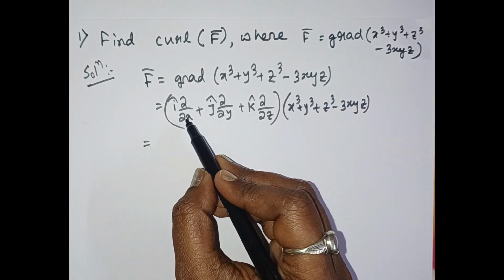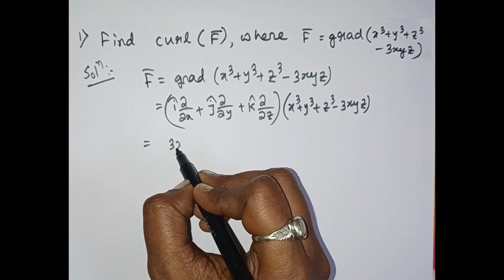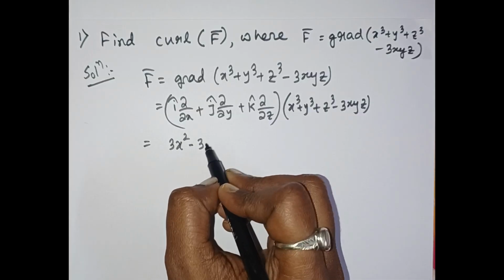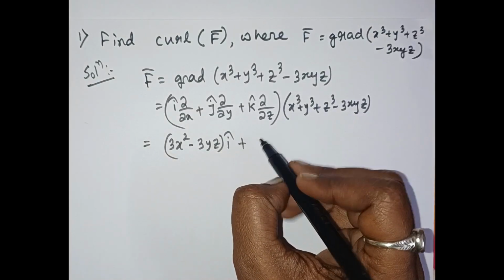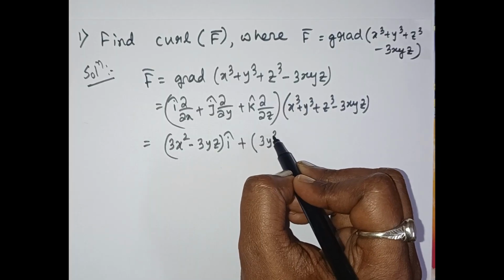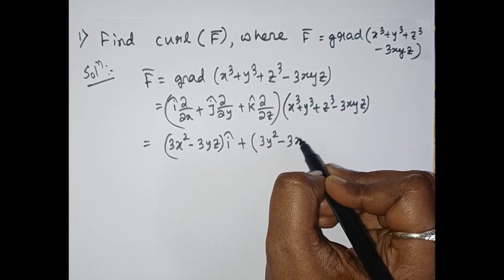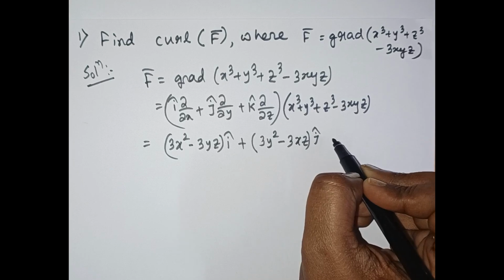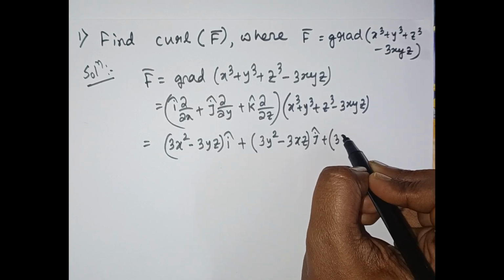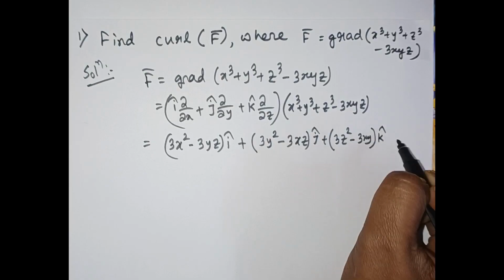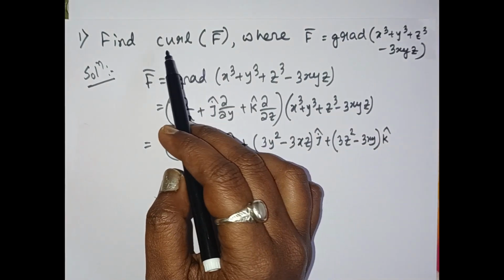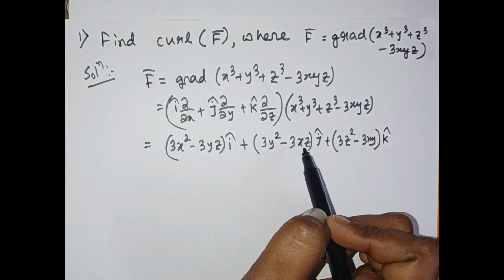Now if we derive with respect to x, this will be 3x square minus 3yz i cap. Similarly with respect to y, 3y square minus 3xz j cap, plus 3z square minus 3xy k cap. Then we have to calculate curl of this F.